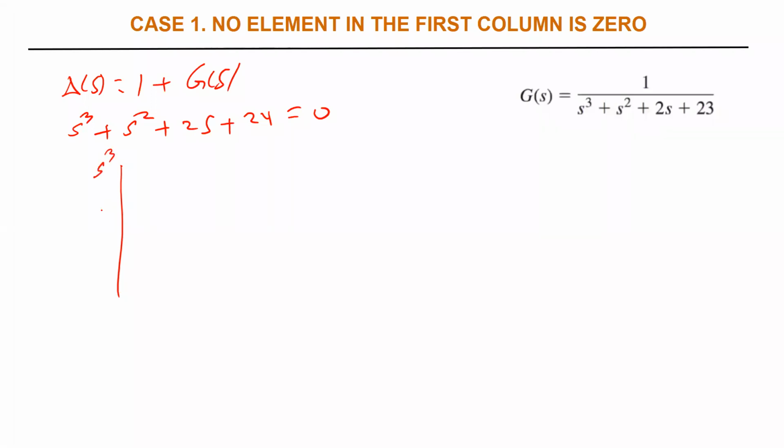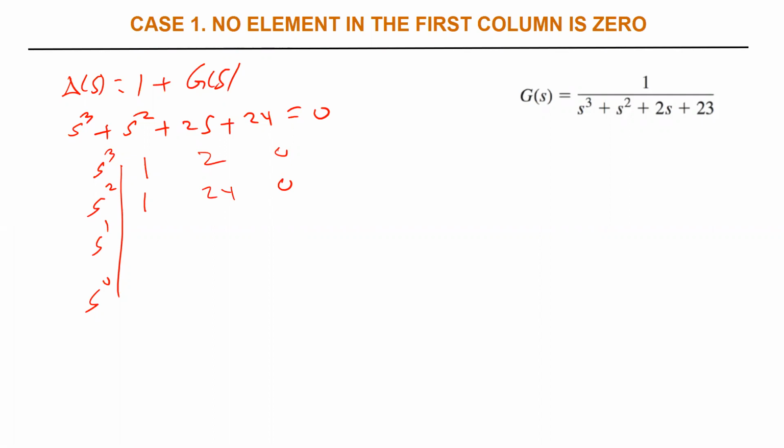So S cubed, S squared, S to the 1, S to the 0. Now here I will have 1, 2, 0. The other one I will have 1, 24, and 0.